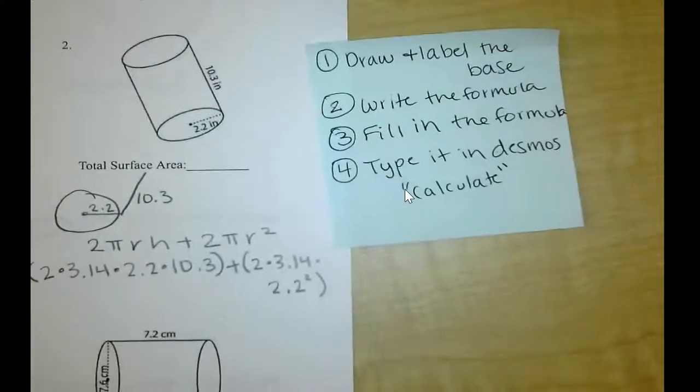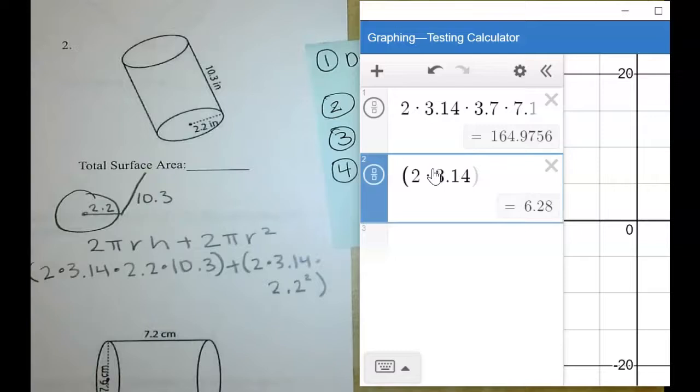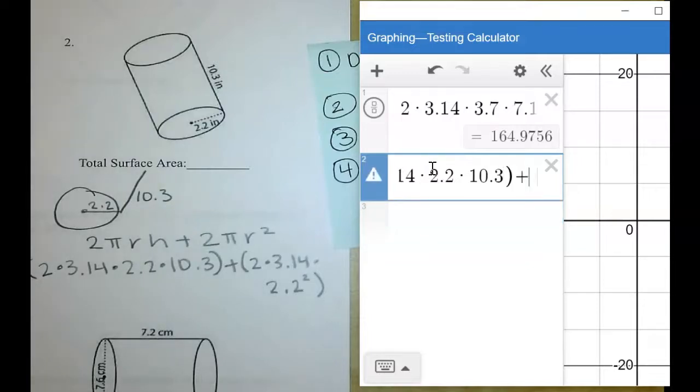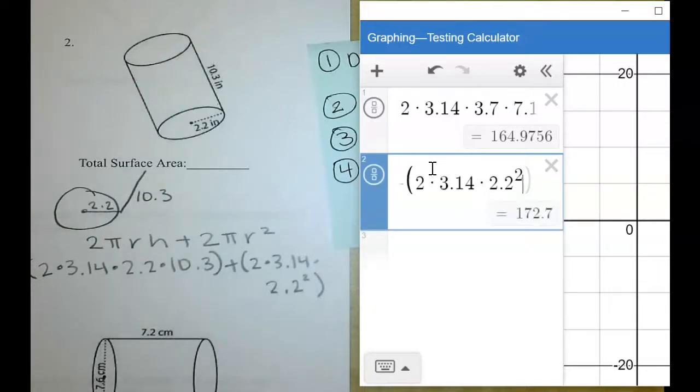So that's what I'm going to type into Desmos now. So open parentheses, 2 times 3.14 times the radius 2.2 times the height of 10.3, close, plus open 2 times 3.14 times 2.2 squared.